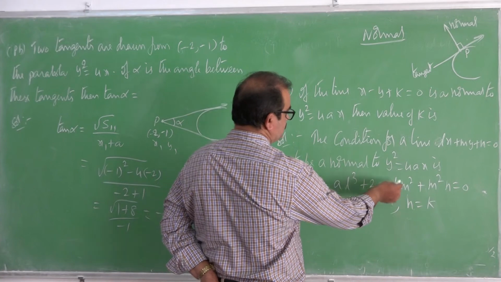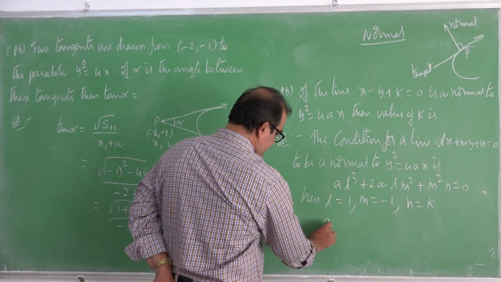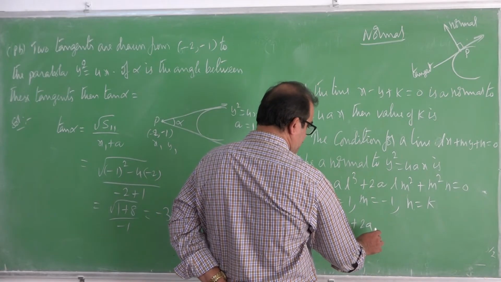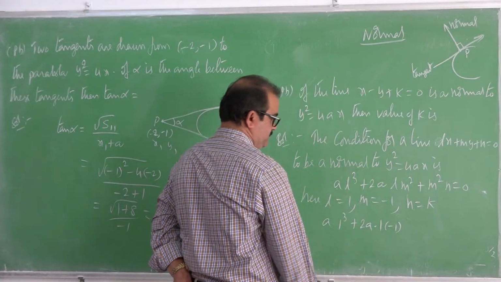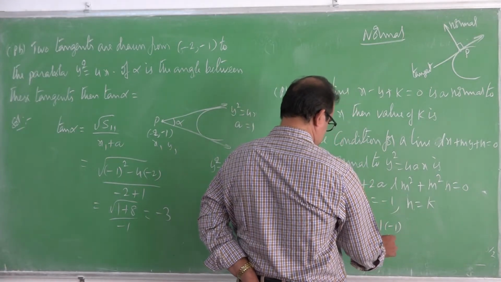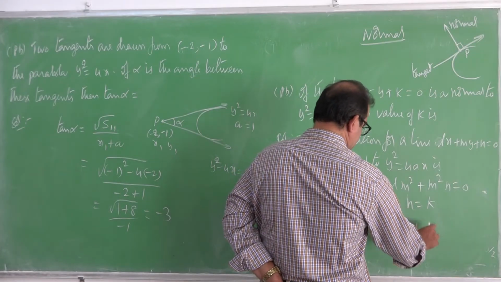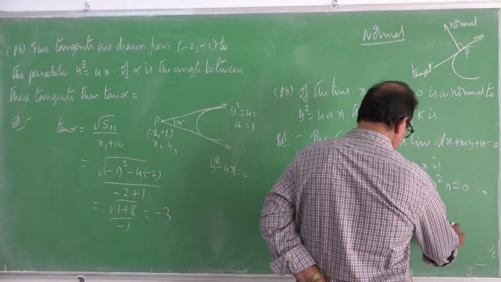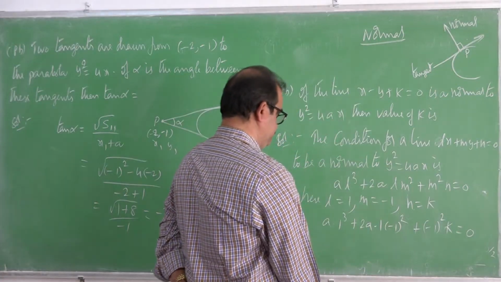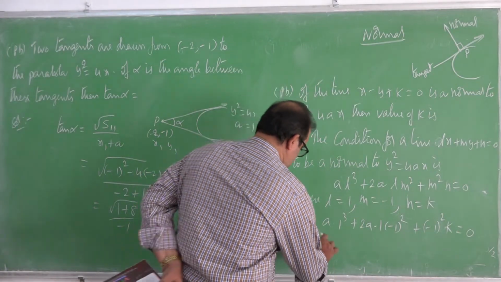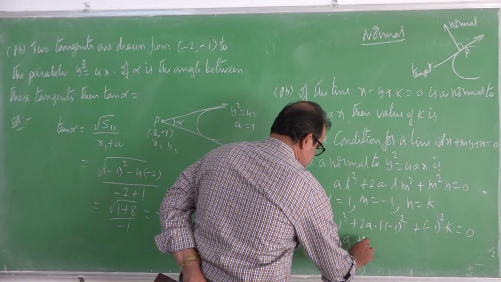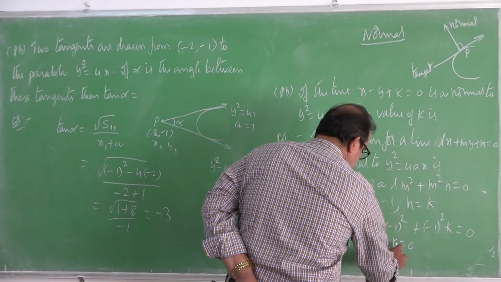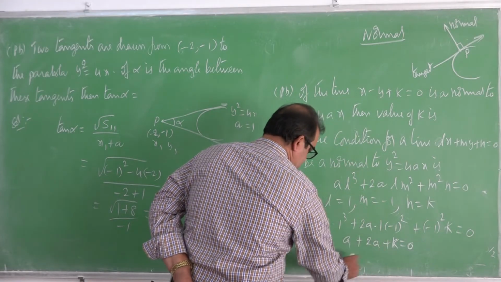Okay, substitute these values in this condition. What we get? a into l cube, 1 cube, plus 2a into l m, 1 into minus 1, into l m square, minus 1 whole square, plus m square into n, n is k, is equal to 0. a plus 2a plus k is equal to 0. 3a plus k is equal to 0.